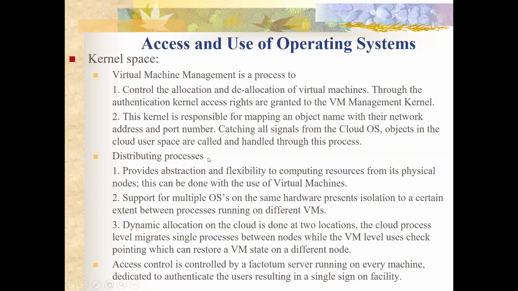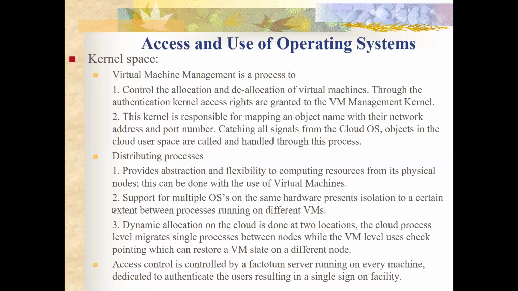The next one, distributing process. It provides abstraction and flexibility to computing resources from its physical nodes. It can be done with the use of virtual machines. The second function, support for multiple operating systems on the same hardware.